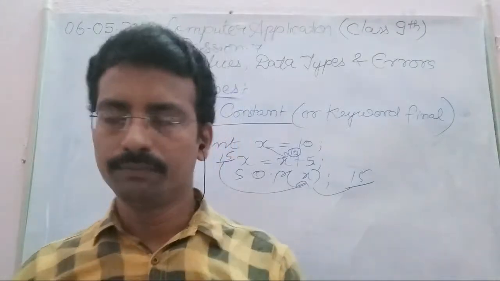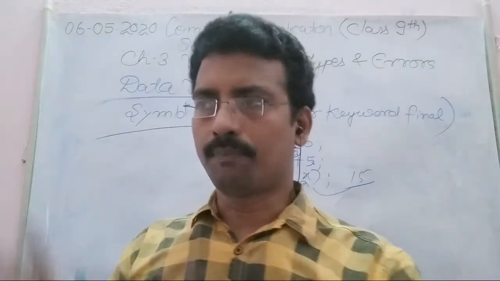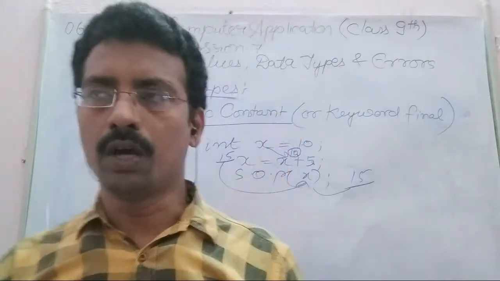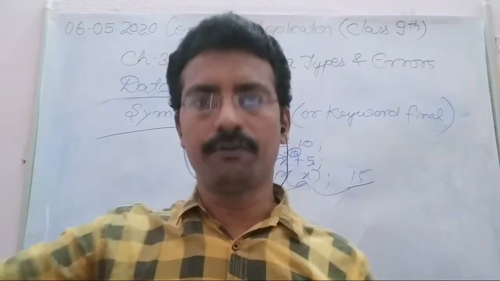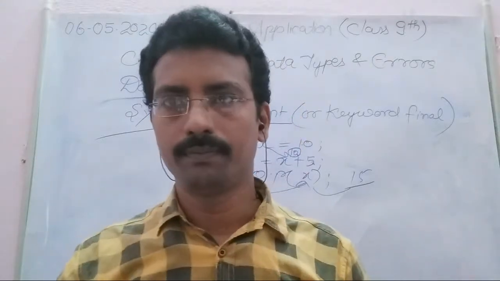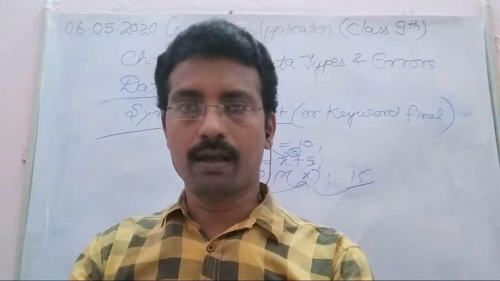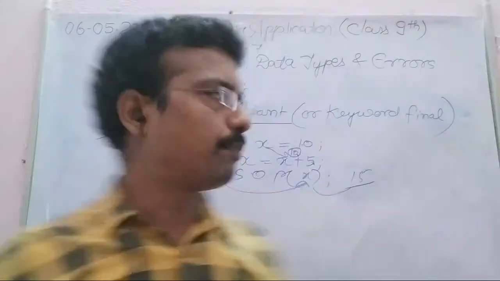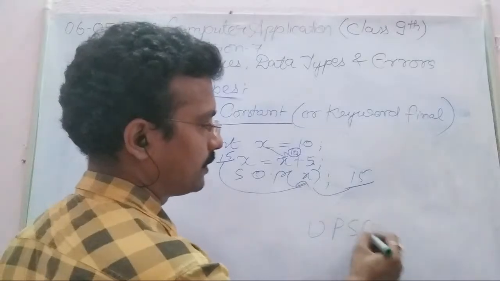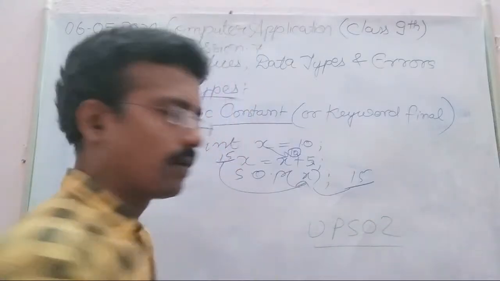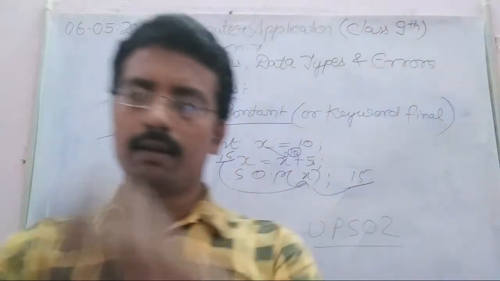For example, in a school program, all students have to be given a school code. Not their admission number, the school code. Suppose the school code is UP 502, given by the council.